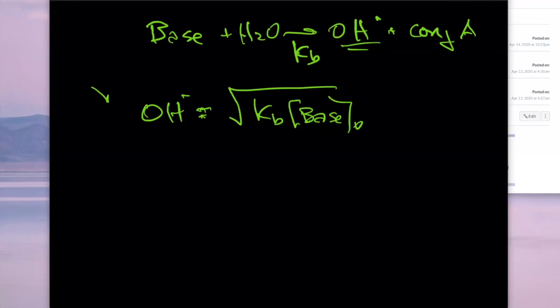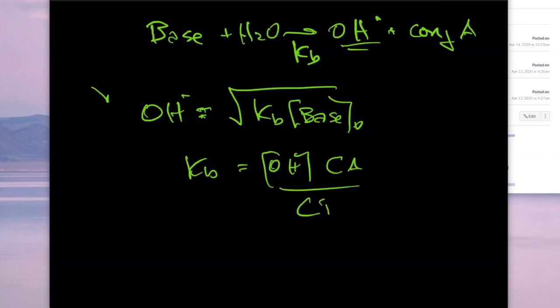because remember what the ICE table gives you. It basically tells you that this right here is conjugate acid over the conjugate base. Okay, so what you're doing in this particular case is you're just saying that the conjugate acid and hydroxide are equal.